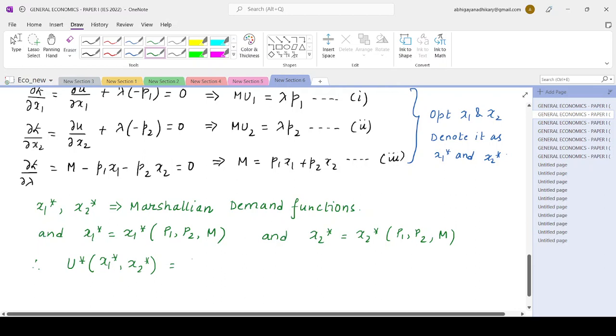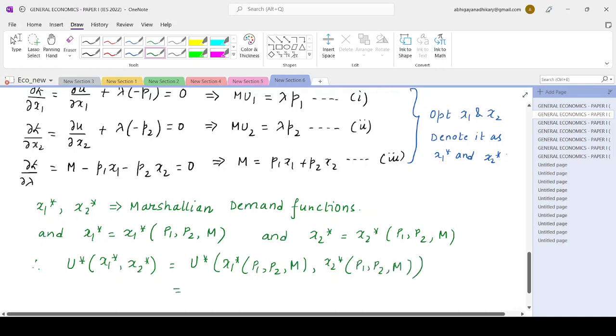Note that x1 star is a function of p1, p2 and m, and x2 star is also a function of p1, p2 and m.